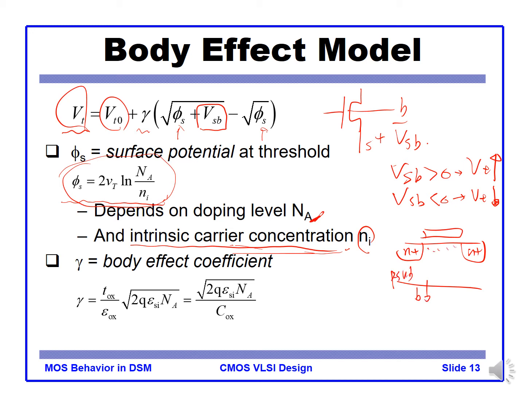If you have more doping on the P-type, the more holes in this P-type layer, then would that increase the VT or decrease the VT? So you can think of that if you have more holes in the P substrate, it will take more effort to make this channel inversion. We have to fill the channel with electrons on the surface by applying the VGS, a larger VGS.